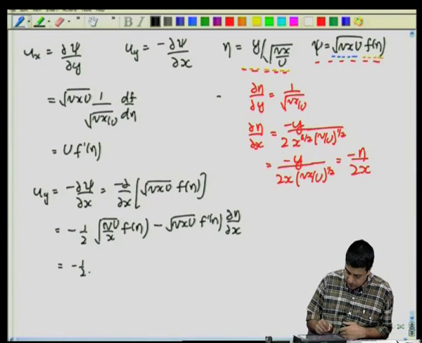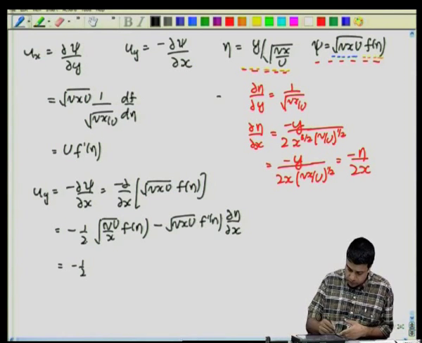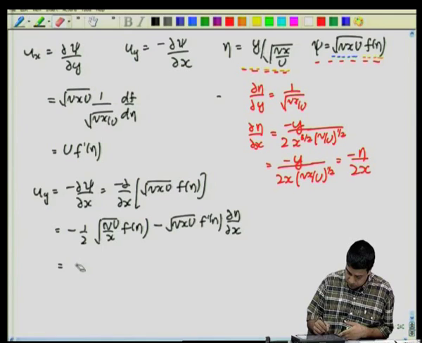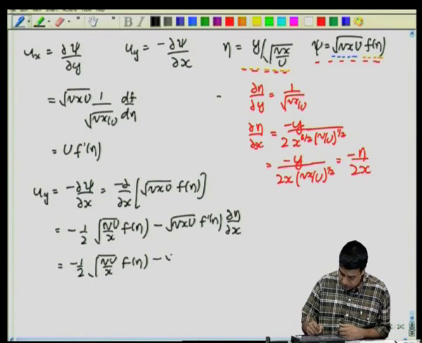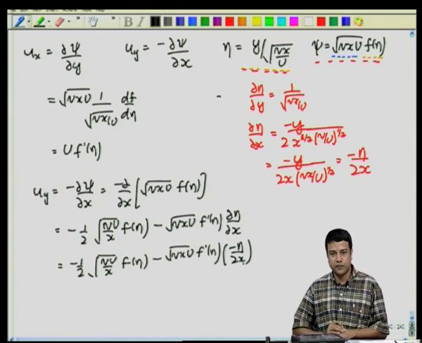So, this is minus half f of eta minus root of nu x u f prime of eta times minus eta by 2x, because that is the derivative of eta with respect to x.